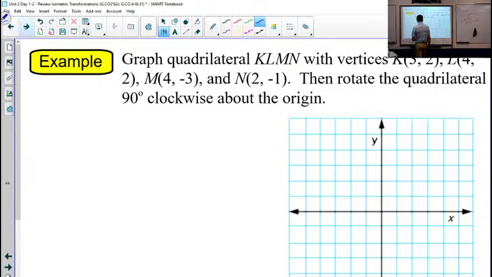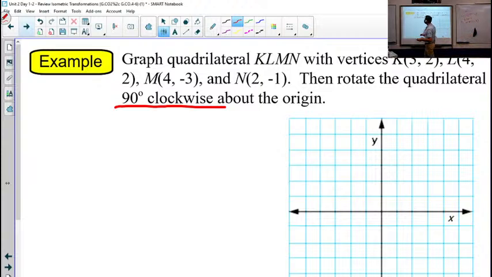So I need to graph the points and get the coordinates written down. But here's what I want you to notice and think about while I write these down. Here's your food for thought. I wanted to rotate 90 degrees clockwise.